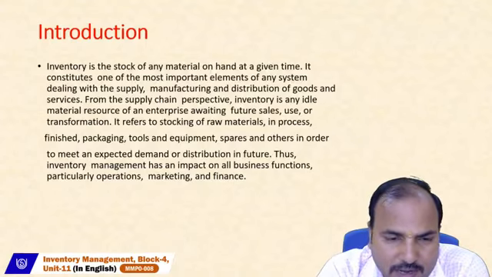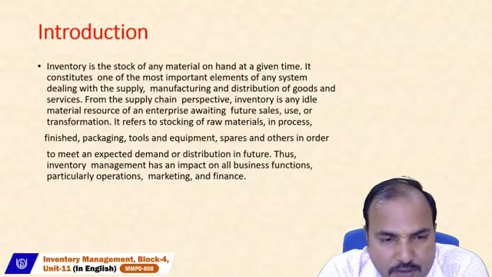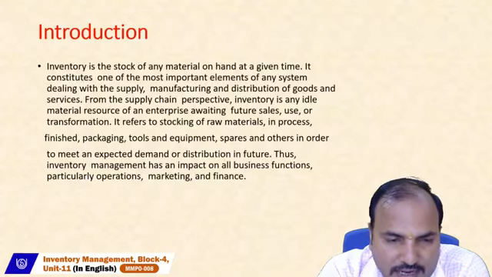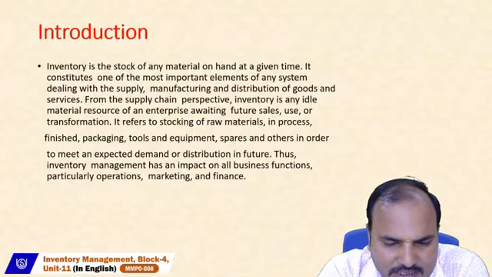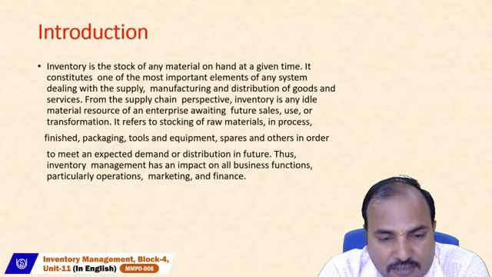And there are some popular methods, like just in time. The basic objective is that inventory arrives only as needed. There should not be a surplus of the inventory, and there should not be scarcity or deficit of the inventory.